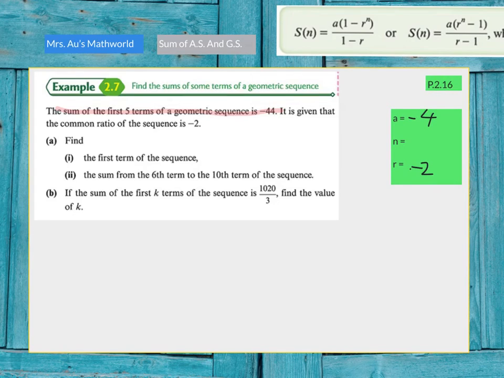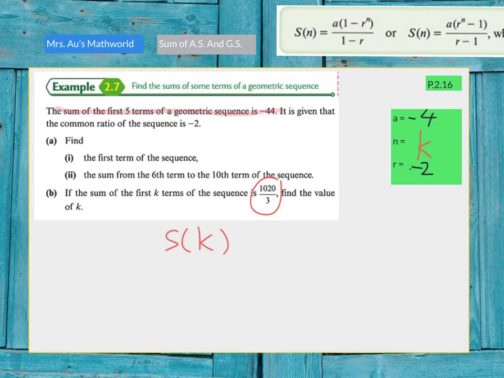All right, so finally we go to part B. Part B says that if the sum of the first k terms, I don't know how many, so I write down k here. Find the value of k. For the formula, we just make sure that we handle it.